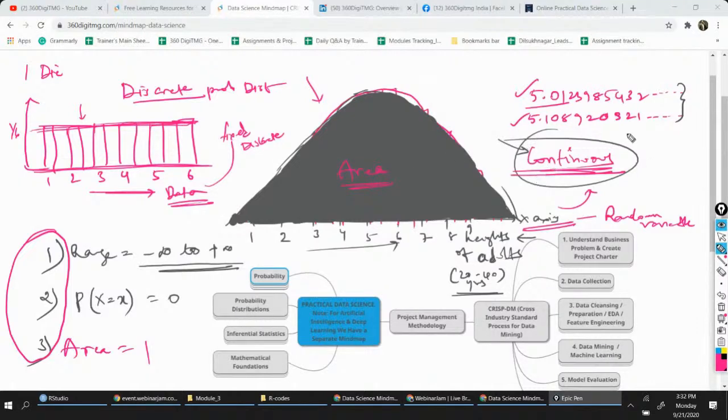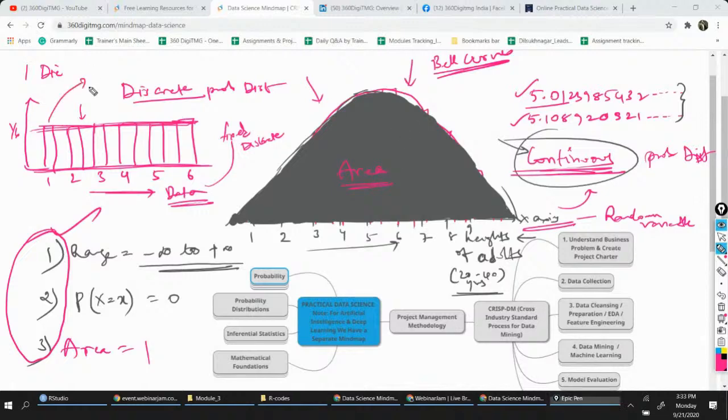right? This is called a continuous probability distribution. And whenever you look into any continuous data, by default, its distribution will look like this bell-shaped curve only. And these are the points that you have to recollect with respect to the distribution of the data.